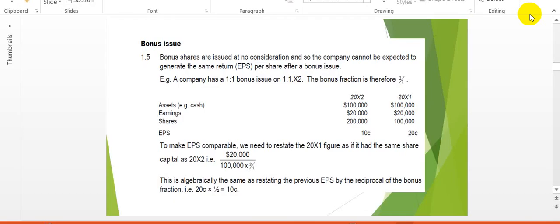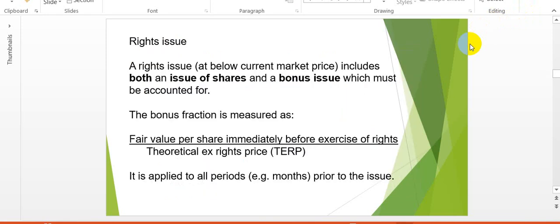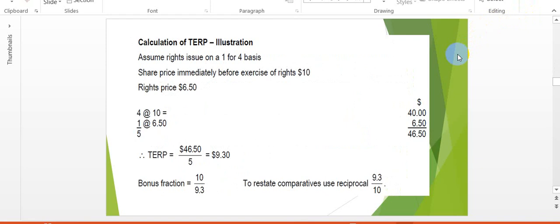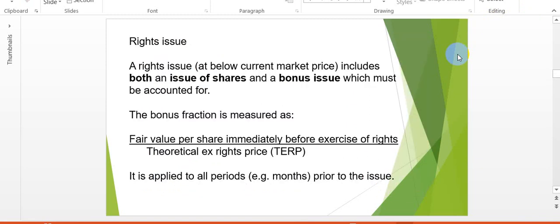We continue from where we left. We now illustrate the computation of a rights issue.